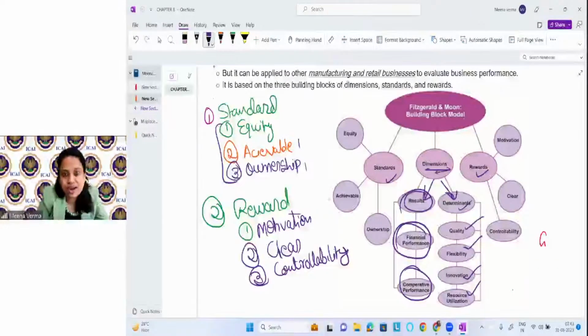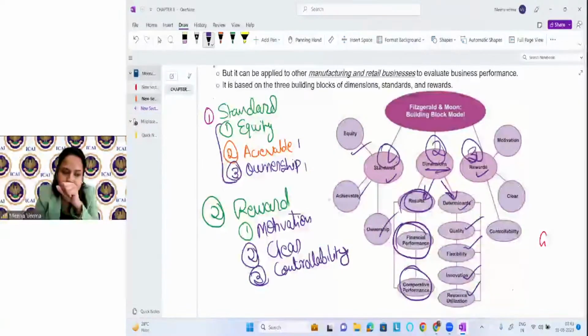My point is that, dear, just remember these points, right? You don't need to learn everything, but just remember that in the building block model, I have to remember first these 3 points: standard, dimension, reward. In standard, there are 3 points: equity, achievable, ownership. In case of reward, motivation, clear, and controllability are the 3 points.